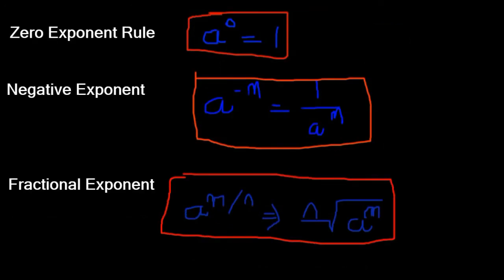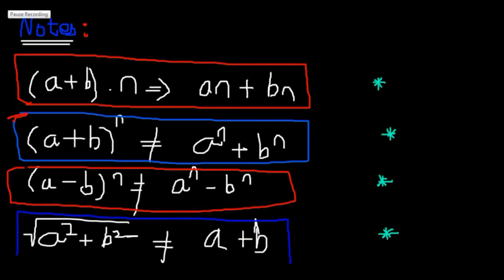So when a number has a negative power, that is a power minus m, it can be written as 1 divided by a power m. The next one is fractional exponent, that is a power m by n can be written as nth root of a power m. So these are the rules, and these are some important notes.